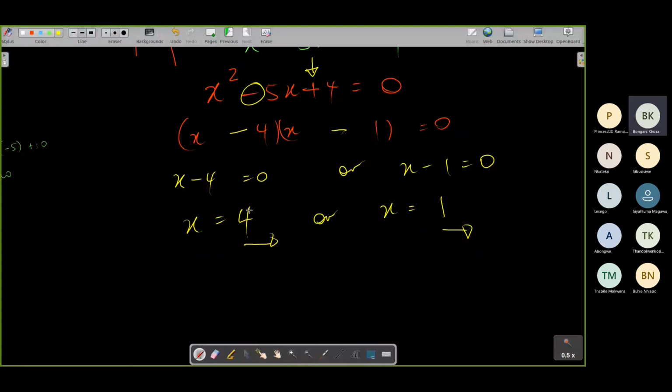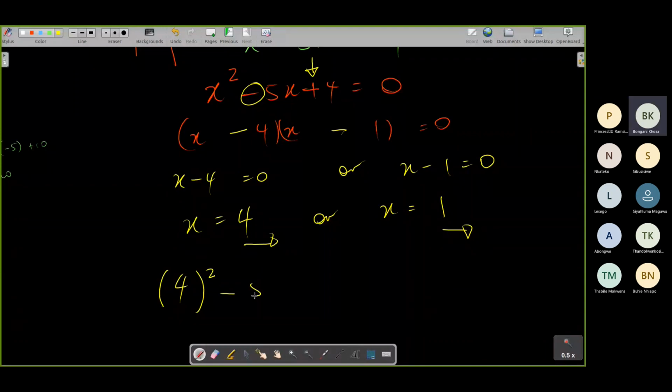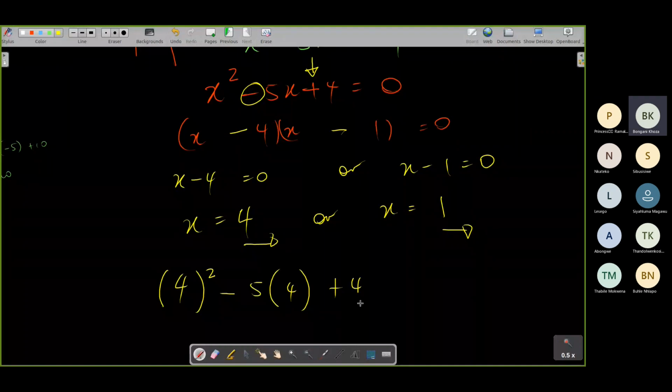So, okay. Every time you substitute into your calculator, please make sure that you're using brackets here. Whatever answer you have, you plug it in with the sign that it has. So if it was a minus, you plug it in like that. You have your squared on the outside, not inside the bracket. Minus 5, you have a bracket here. You plug it in like that, plus 4 like that.